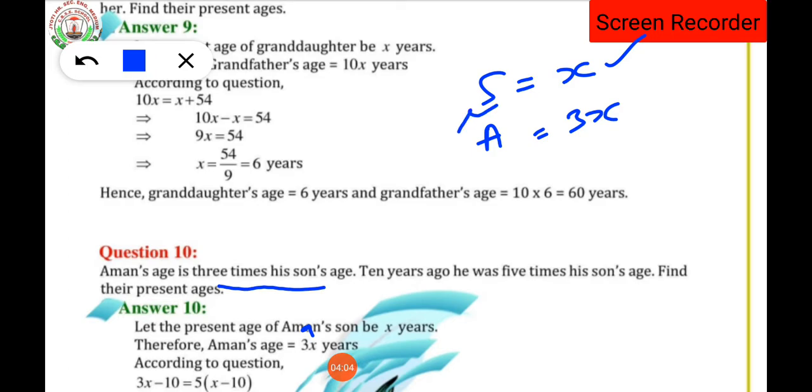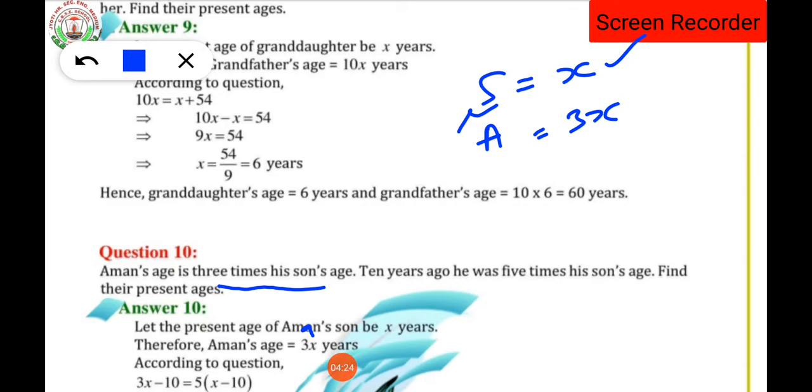Let the age of Aman's son be x. According to the question, Aman's age is 3 times his son's age, so Aman's age will become 3x.